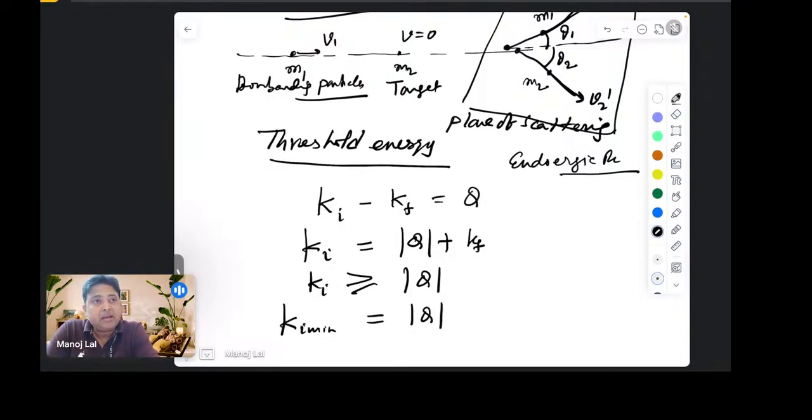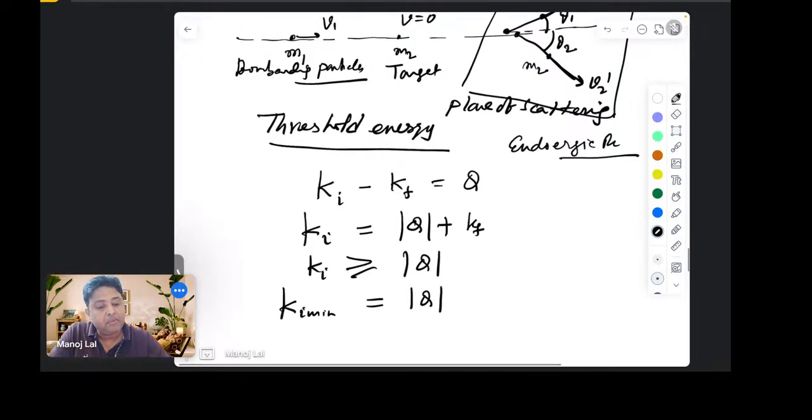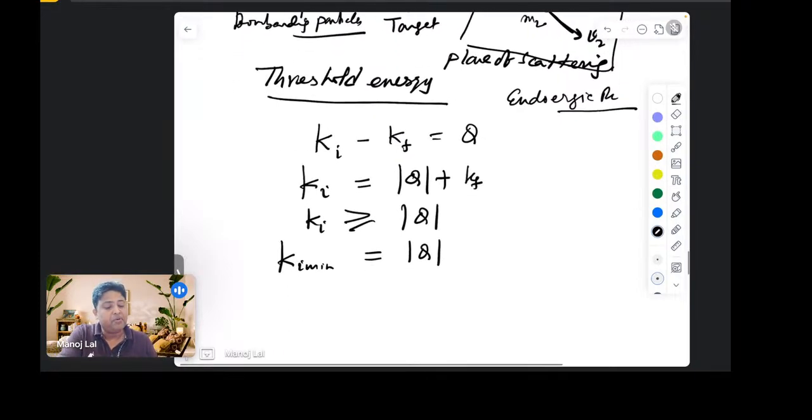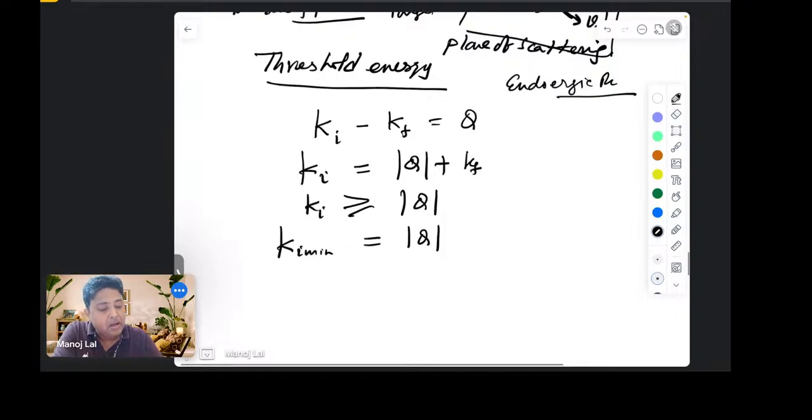The Q value of the reaction is basically in this fusion reaction, which takes place like this. This is the bombardment element A, and this is the target element B, the target.